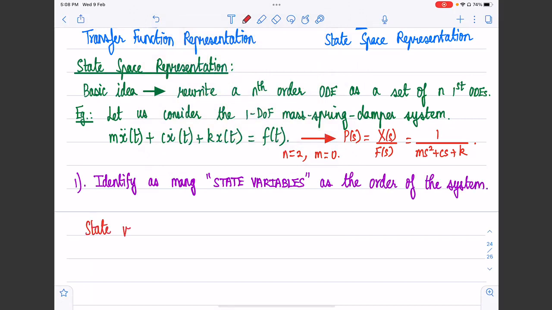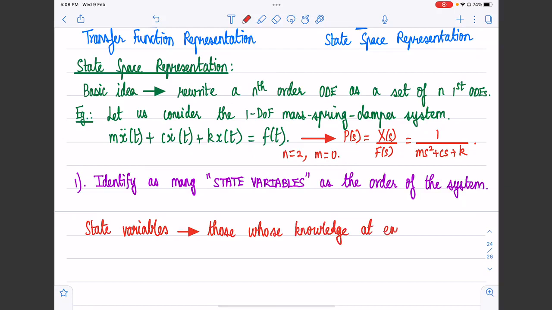We will shortly get a physical insight into them, but let me define them. The state variables are those variables whose knowledge at every instant of time completely characterizes the system response or the system's behavior.